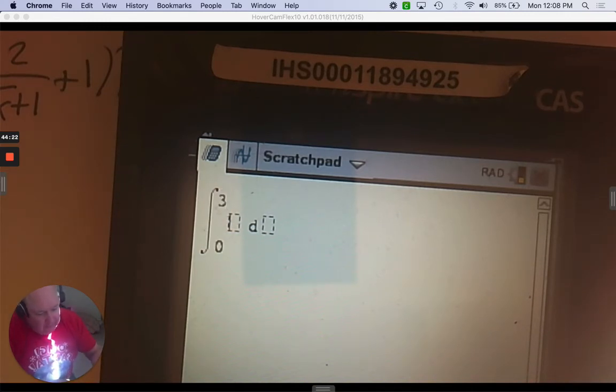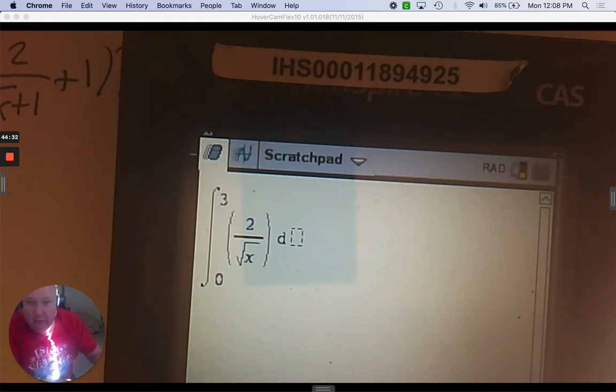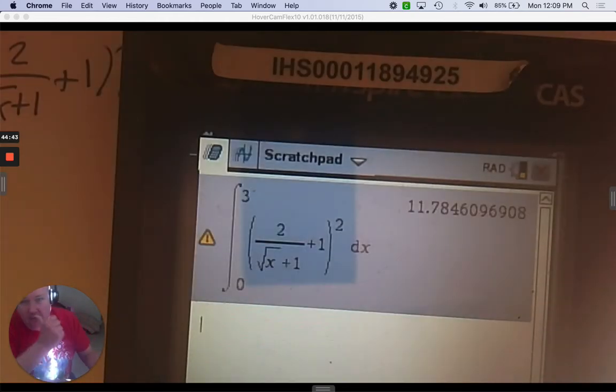We are going to use parentheses. We're going to go control divide to create a fraction. 2, the denominator is the square root of x plus 1. Move the cursor. We're going to add 1 to that. Move the cursor. We're going to square it. Then dx, and then control enter.